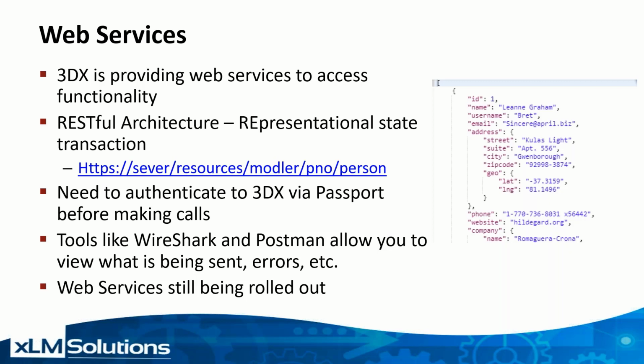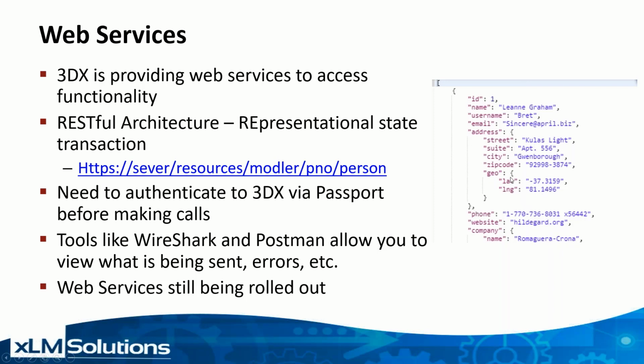Before accessing any web services within the 3D Experience, you need to authenticate to the platform via a passport and call some authentication web services to connect. You also may want to use tools like Wireshark and Postman, which allow you to view the data being sent. For example, if we wanted to pull or push information about a user, that information usually comes in the form of JSON.